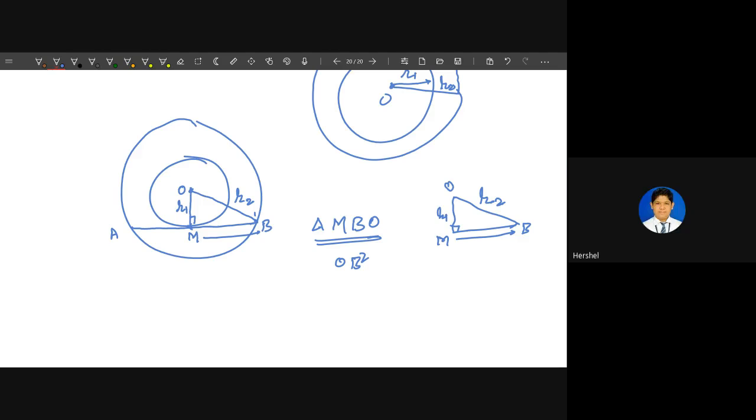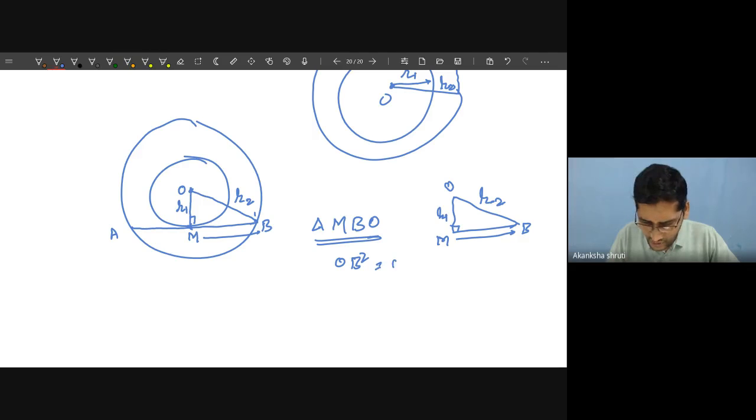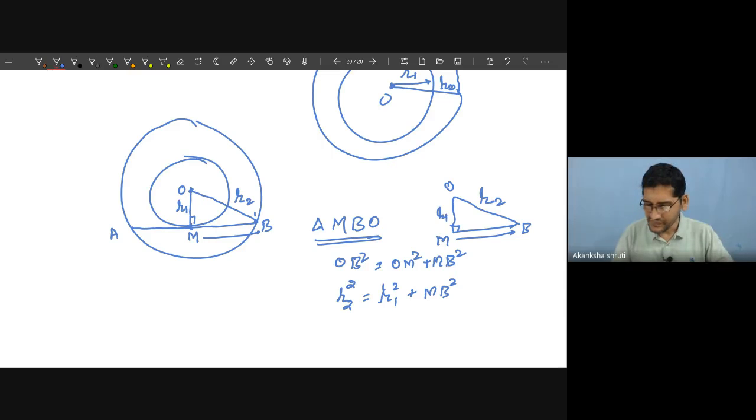So OB square is equal to OM square plus MB square. Are you getting? OB is R2, so R2 square is equal to OM, which is R1, square plus MB square. So R2 square minus R1 square is equal to MB square.